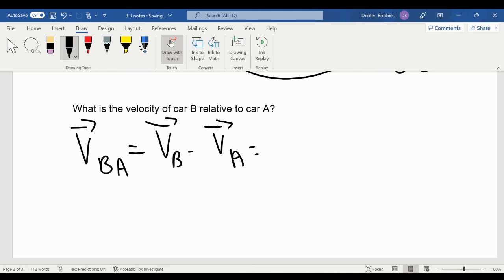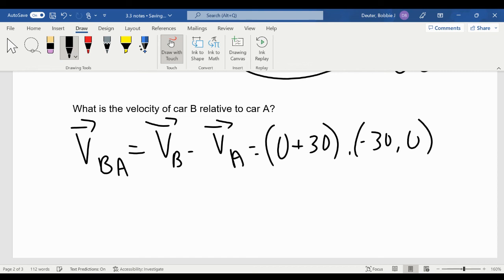And so again, we're still using those same. So we have a 0 plus our 30 and our negative 30 with 0, giving us the coordinates of 30 for the x and negative 30 for the y.